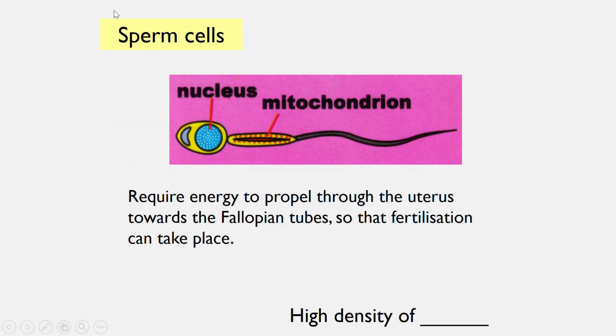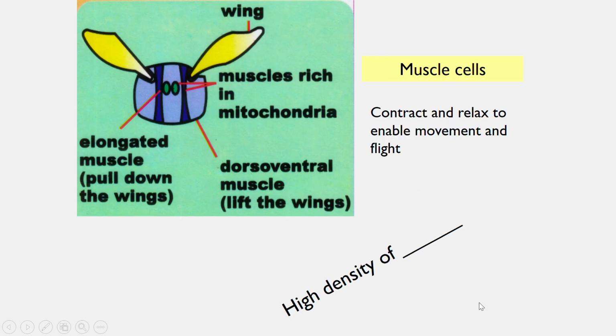Okay, this one is sperm cells just now, which require a lot of energy, a high density of mitochondria. Okay, muscle cells in these insects, the wings. So this one also requires a high density of mitochondria.